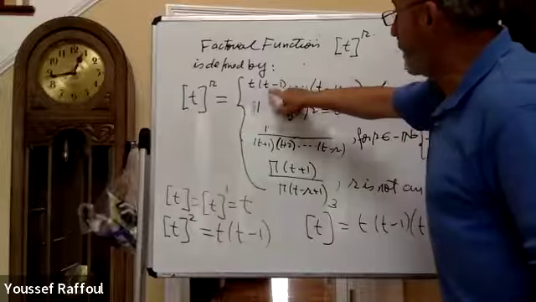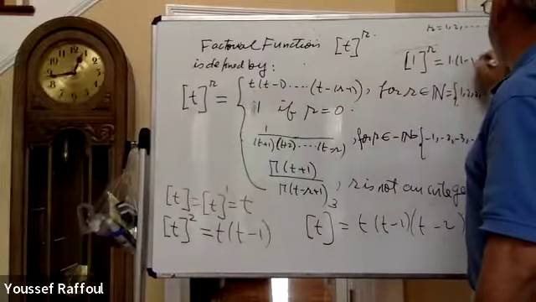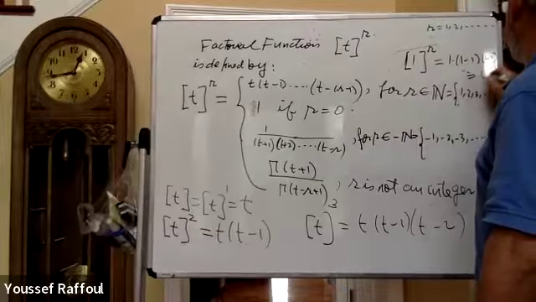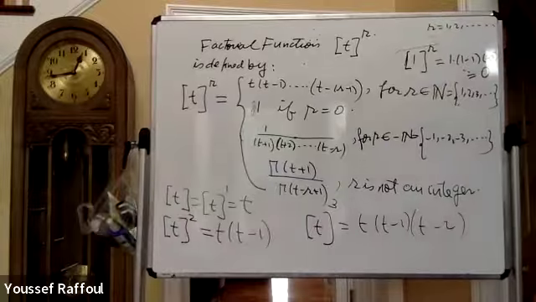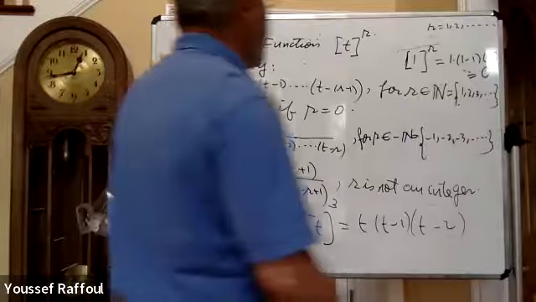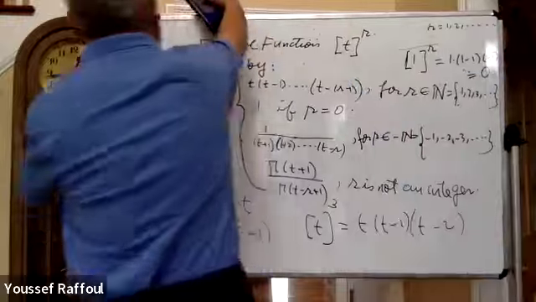It's going to be 1 times 1 minus 1 times 1 minus 2. So automatically this is 0. So let me rewrite it again.